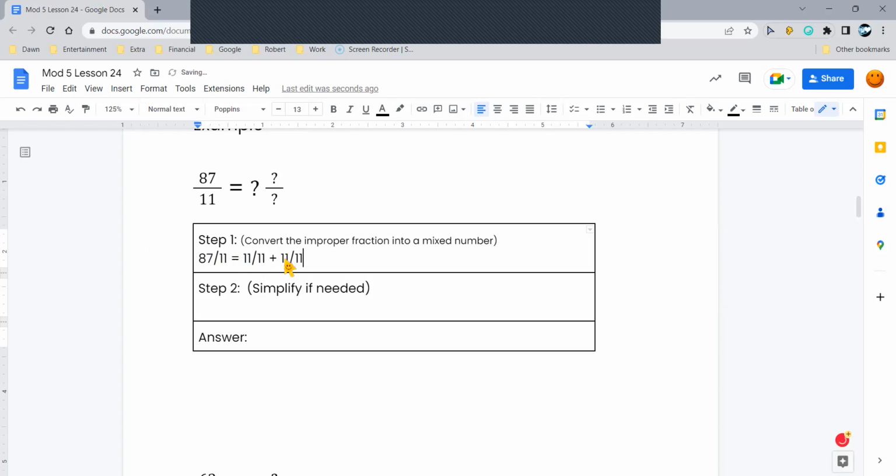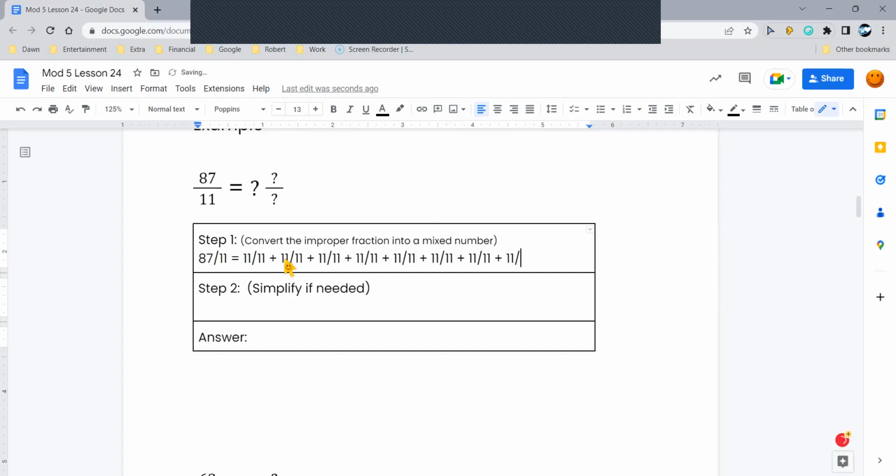If I add 11 more, I have 22. If I add 11 more, I have 33. 44. 11 more, I have 55. 11 more, 66. 11 more, 77.